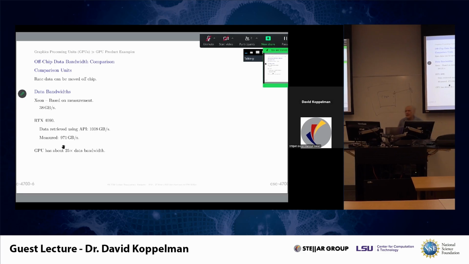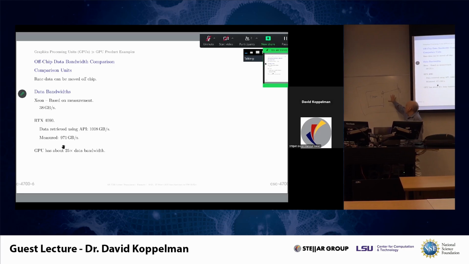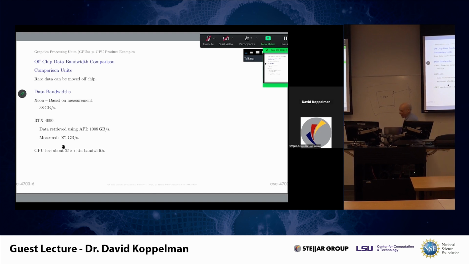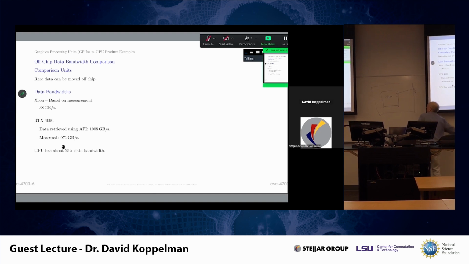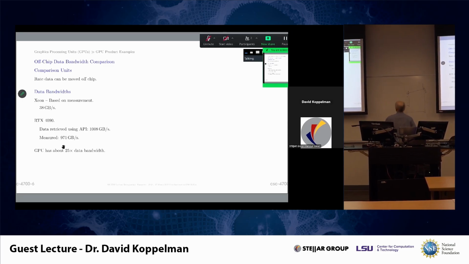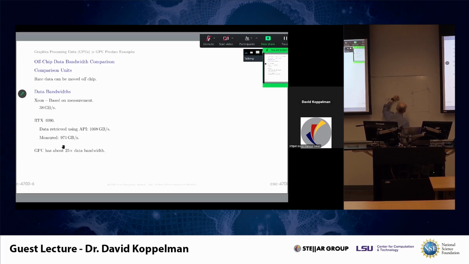So what the NVIDIA GPUs have done in the past few years is, rather than connecting the memory in this conventional way, the chips themselves are stacked. So this is a side view.